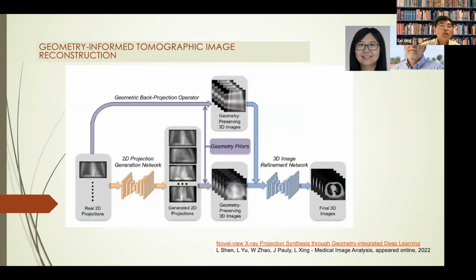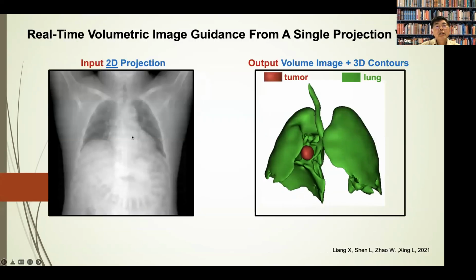If you can feed in that geometry information or even physics knowledge, your reconstruction will be much more efficient. So this is a work on 4D CT. What you're seeing here is a fluoroscopic image, and then you can convert that into a 4D CT image.